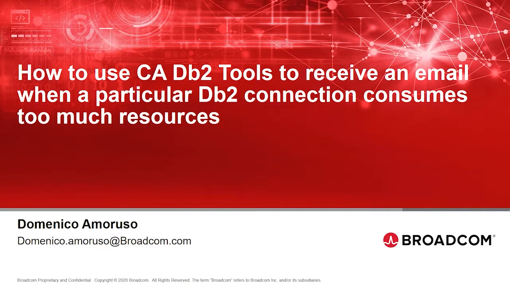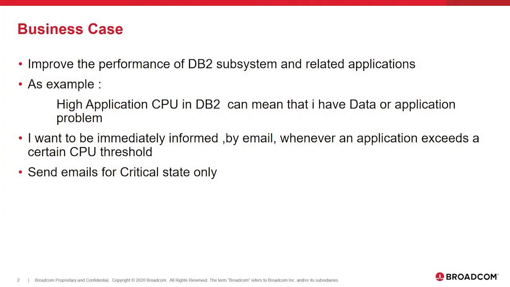Today I talk about how to use the CA-DB2 tools to receive an email when a particular DB2 connection consumes too much resource. The business case is to improve the performance of the DB2 subsystem and application.